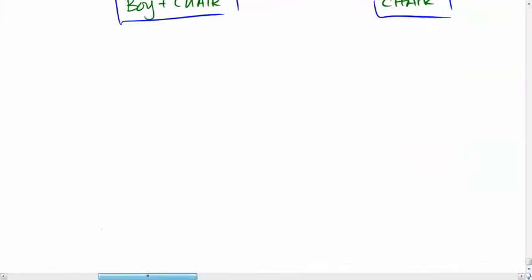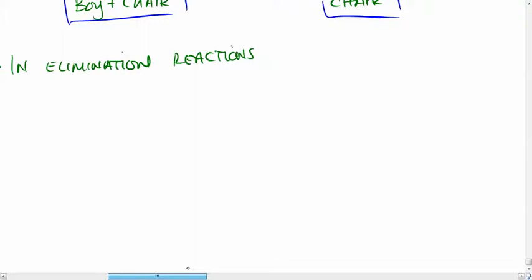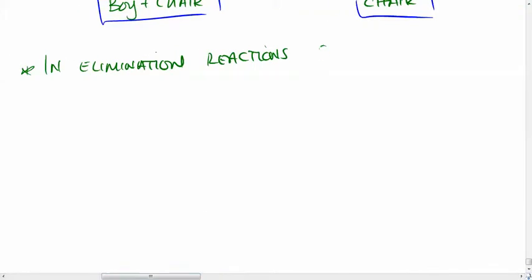So in elimination reactions, something leaves. Actually, let's see, leaving group leaves.